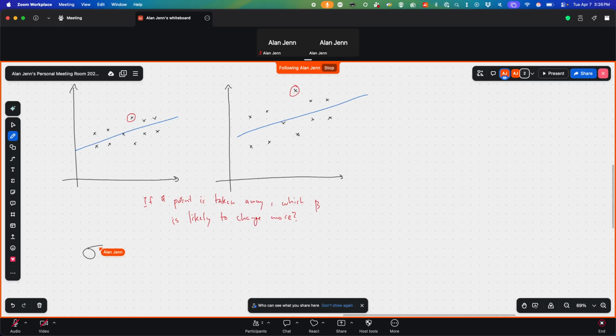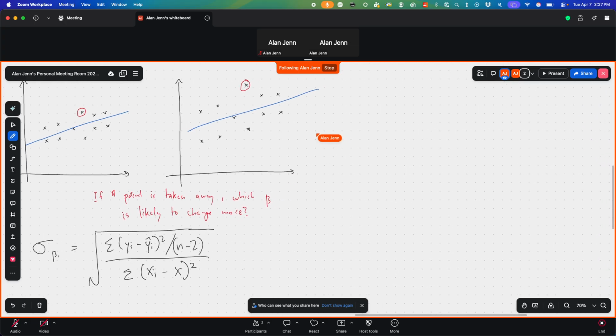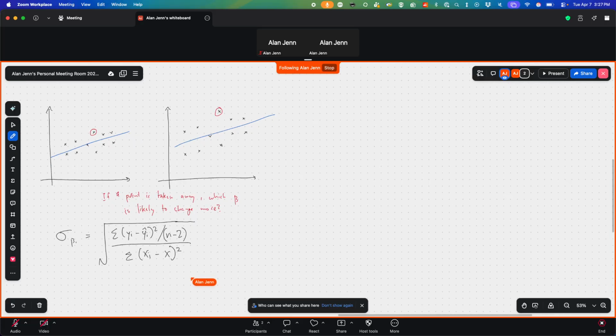But for completeness, standard error for a particular slope value, or for a particular beta, is equal to the square root of the sum of yi minus yi hat squared, divided by n minus 2, over the sum of xi minus x bar squared. Okay, again, not something that you guys will have to remember, but if you ever need that as a point of reference, you can have that.